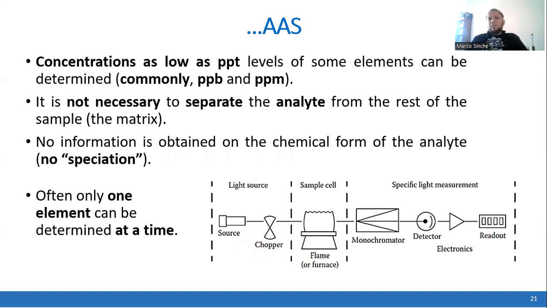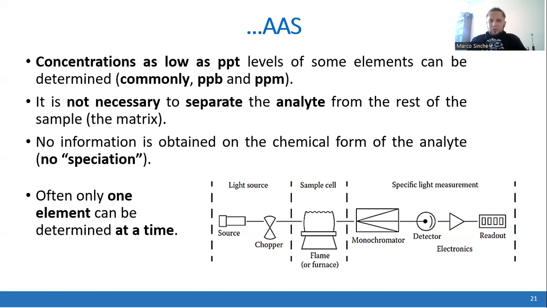It is not necessary to separate the analyte from the rest of the matrix, and the analyte will be identified quantitatively, but it won't be possible to speciate it. It means that it will not be possible to know in which chemical form it is, only to know how much of a specific element is present in a sample.